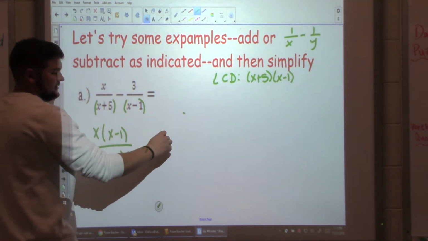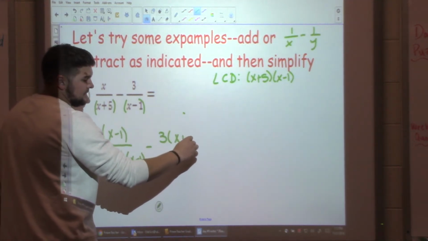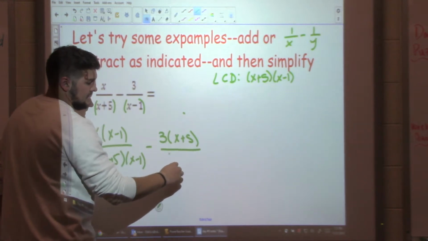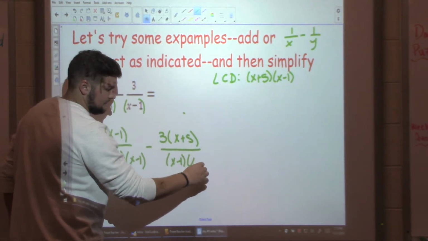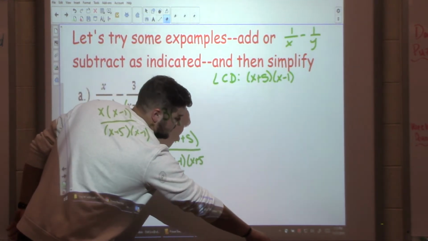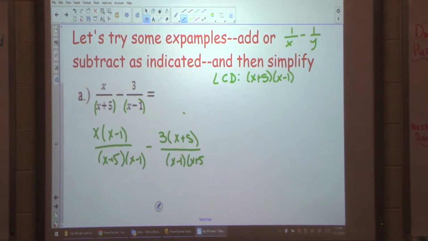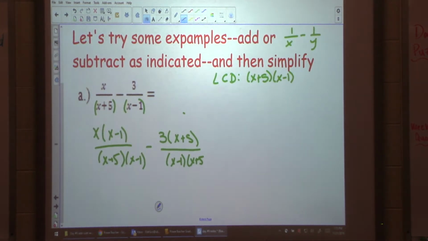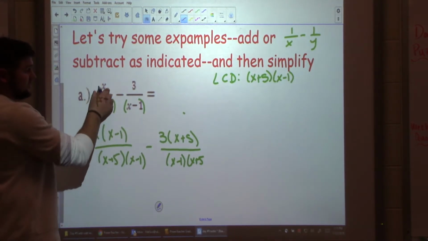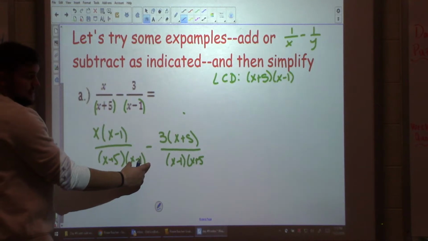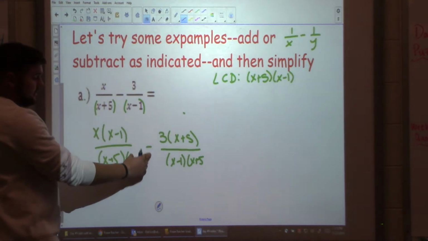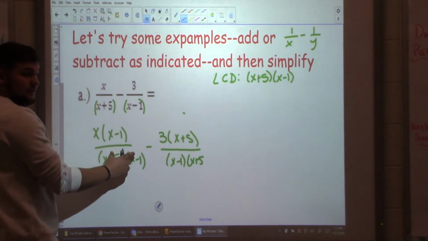Minus 3, I'm going to multiply by x plus 5 on top and bottom, because now I'll have common denominators. Does that make sense? Yes or no? Where did you get the x minus 1? Because I had to multiply by x minus 1 to get my least common denominator, I did it on the top as well.